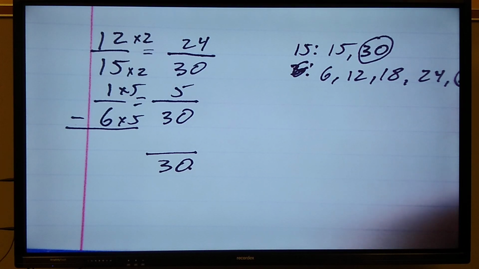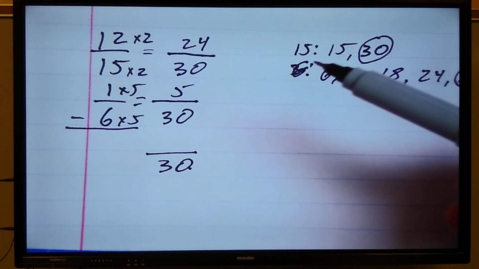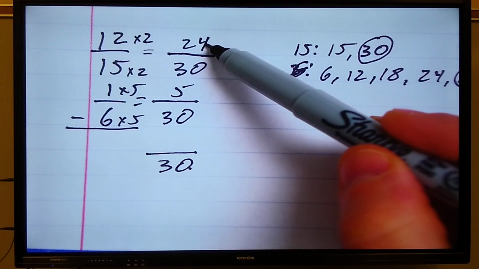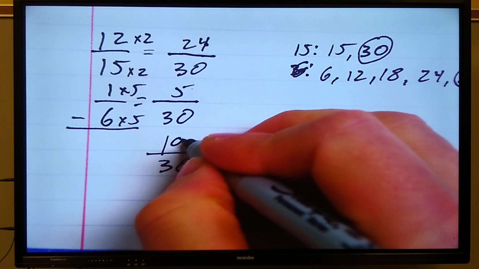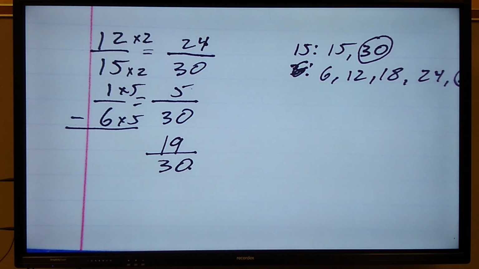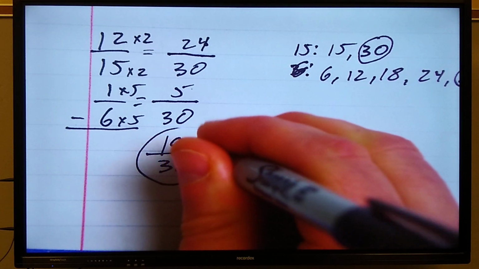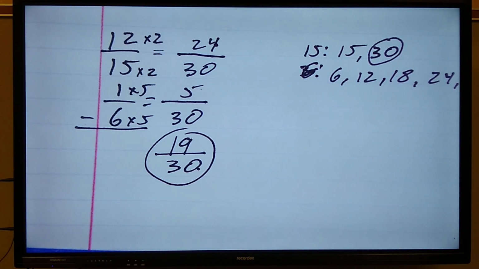And now you just simply subtract. 24 minus 5 equals 19. And then you ask yourself the two important questions. Is this an improper fraction? No. Is this in simplest form? Yes, it is. 19 over 30 should have been your answer.